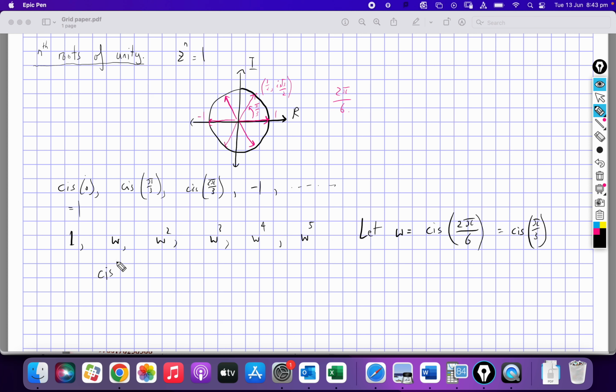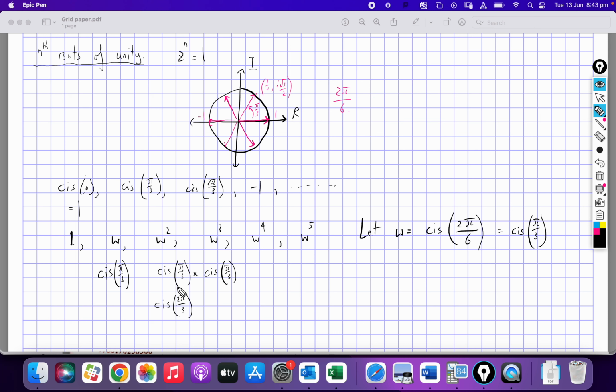So this one here was cis pi on 3. All right, I'm saying that this next one, w squared, will be cis pi on 3 times cis pi on 3. All right, and we know that the arguments add, so you get to cis 2 pi on 3.